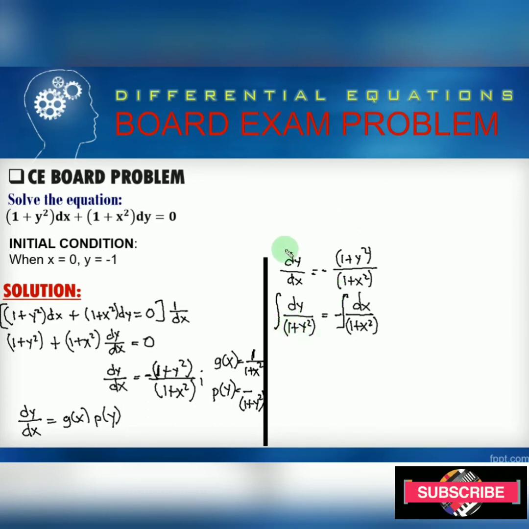We have some properties there in which the integral of du over a squared plus u squared is simply equal to 1 over a arctangent of u over a. I hope you can still remember that property from the integral calculus.